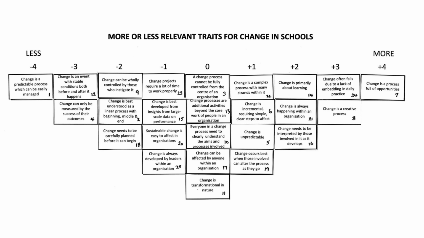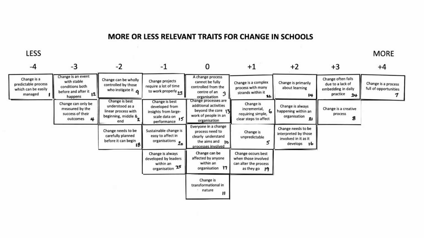And you can see there are a whole host of different statements there, things like change is a predictable process which can be easily managed, all the way through to change is primarily about learning, it's a creative process, it's best developed from insights from large-scale data on performance. So looking through these statements, there's a very wide set of views that you could have. And what you do is you give the 25 statements to each participant.